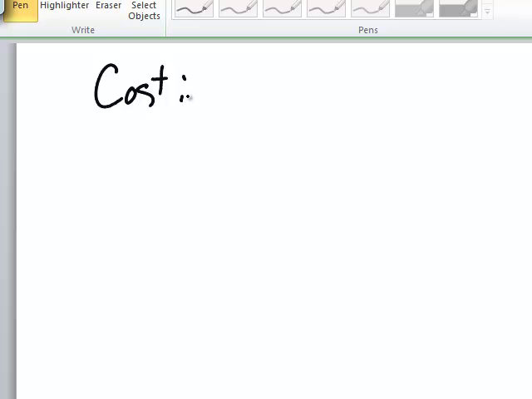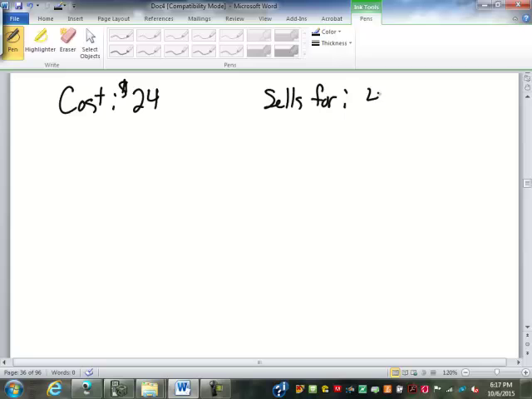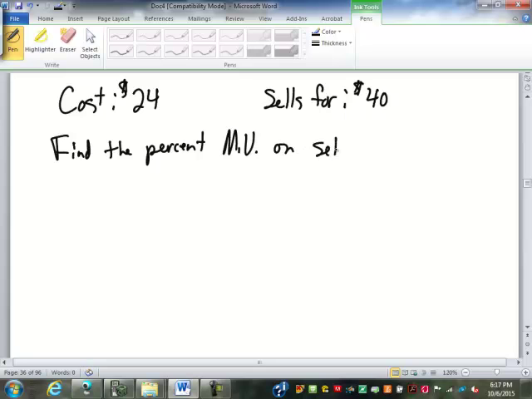Let's say that we have an item that costs $24 and sells for $40. Find the percent markup on selling price.